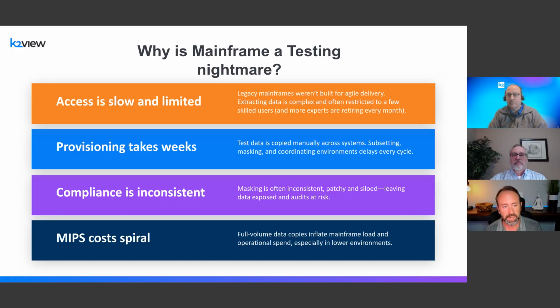Even when you've got the access, how do you make sure you're able to identify all the sensitive data? When you move the data out of the mainframe, whether to a data lake, into another operational system, or into non-prod versions of the mainframe, the data needs to be masked. You can't take PII out of production and not mask it. So who's going to do that? How do you find the PII? How do you make sure you've got all of it?